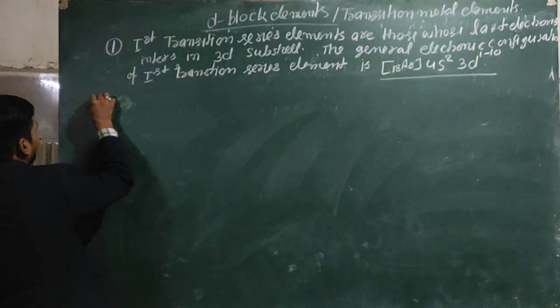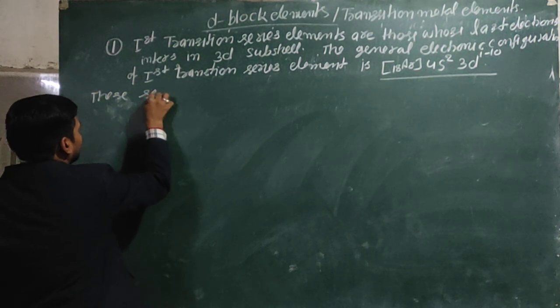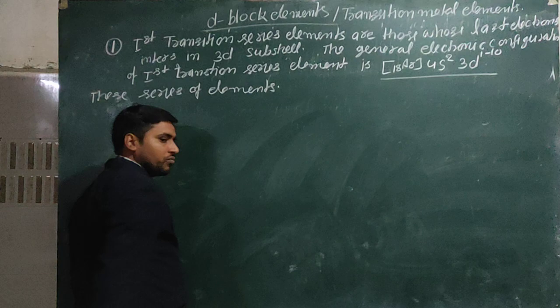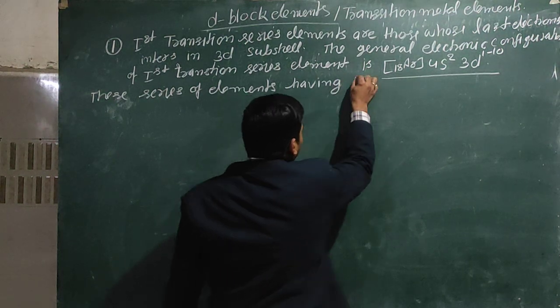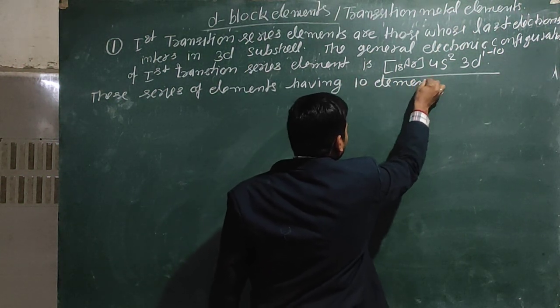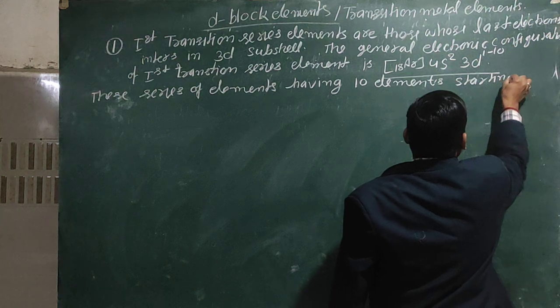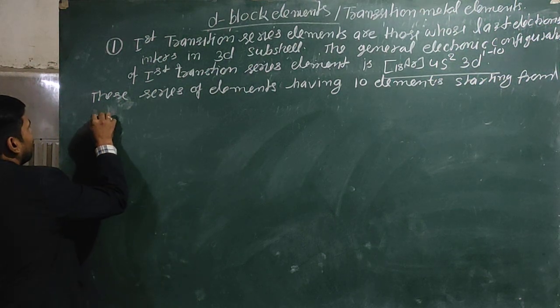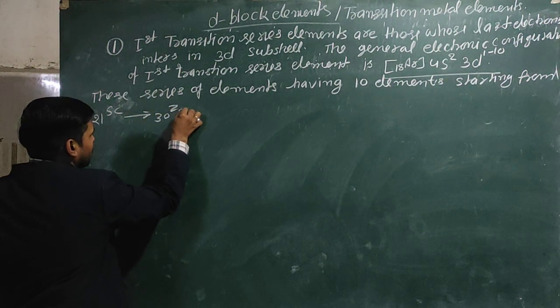Actually, the first transition series has 10 elements, starting from 21 scandium to 30 zinc.